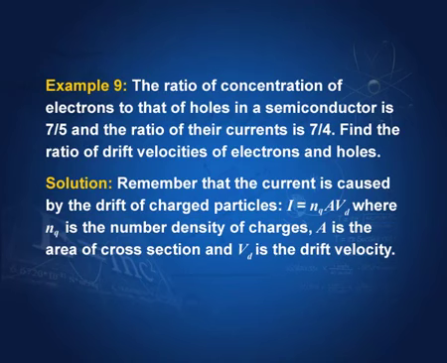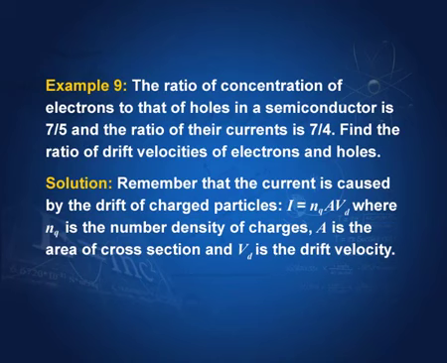I hope you can recall that the current in any conductor is given by nqAVd, where nq is the density, number density of charged particles, A is the area of cross section and Vd is the drift velocity.